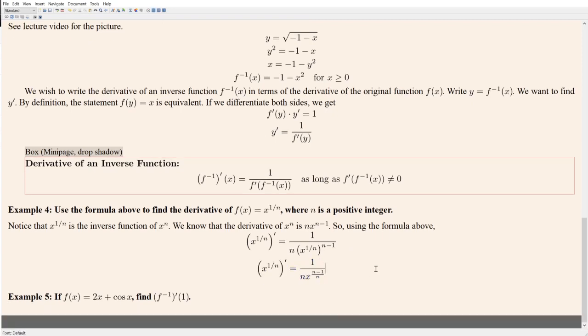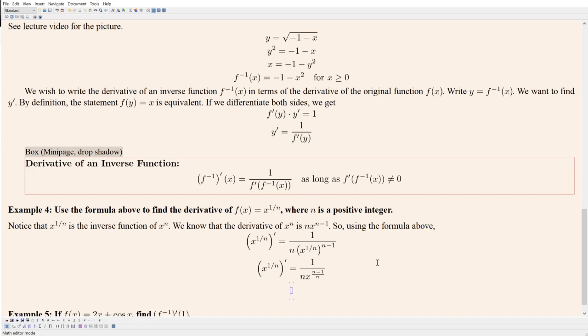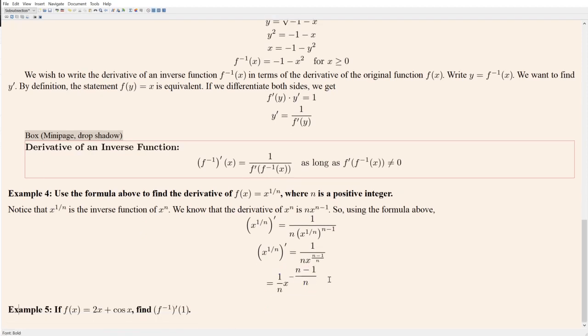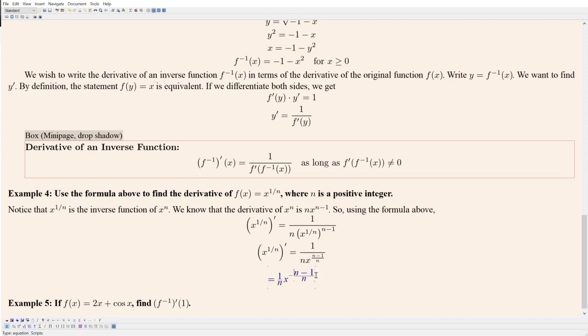And we can simplify this a little bit. Let me write this as 1 over n times x to the power negative n minus 1 over n, right? Because the negative power just means reciprocals. And then the 1 over n, well, that's a constant, so we can just multiply by that.